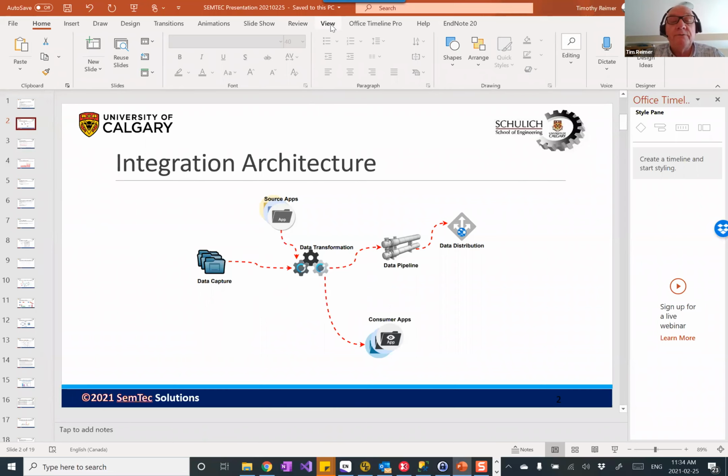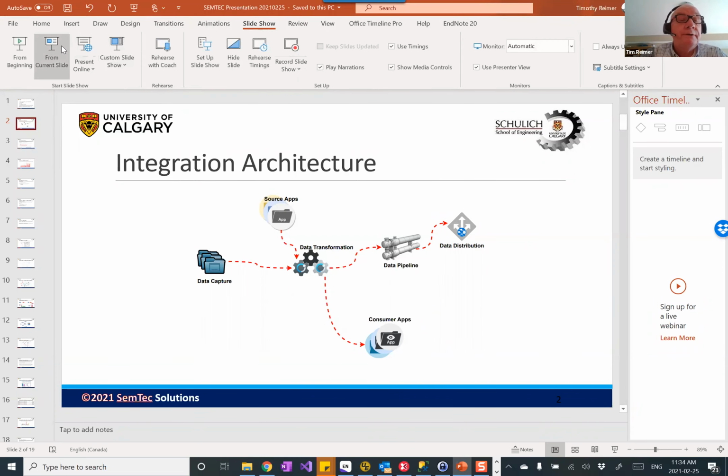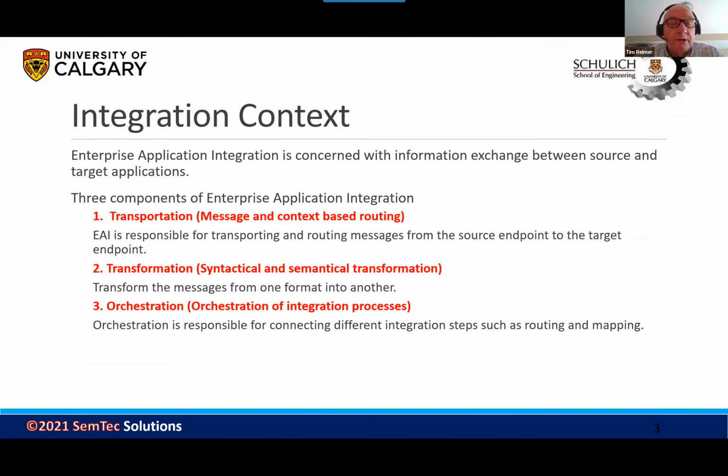I want to do this full screen so that everybody can see better. One sec here. I will change this from the current slide. When we talk about integration, it is basically made up of 2 or 3 fundamental components.